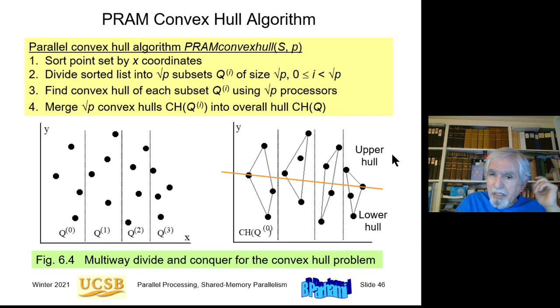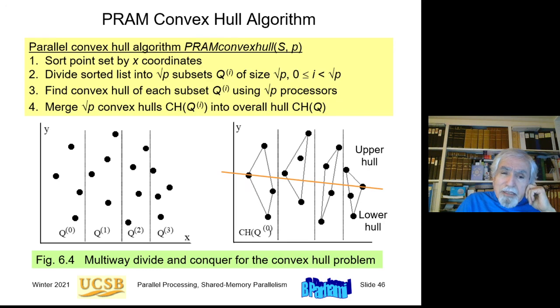So the algorithm basically tries to find out which of these tangent lines will be part of the convex hull. So this tangent line, then from here to here. And on the bottom side, this. No tangent line to these points will be part of the convex hull, but this tangent line will be. Okay, so the convex hull will be this, this, this, this line, this one, and this one.